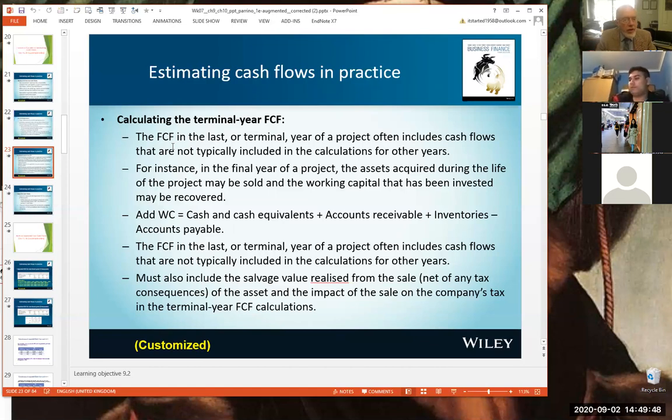Now, if I'm BHP considering a new mine, I know that when the project is finished, it means the mine is not going to be useful anymore. And in the case of mining, I'm probably going to have a lot of environmental remediation to do. Remediation is a fancy word for cleaning up after you. And that can be an extremely expensive business.